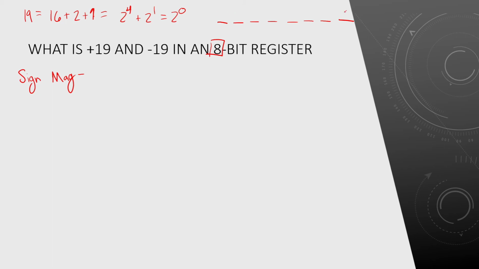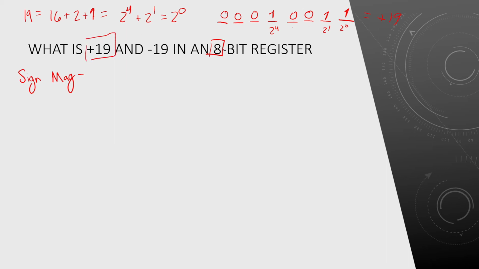So that's 1 add 2 to the 0, 1 add 2 to the 1, and 2 to the 4 is a 1, 0, 0, 0, 0, 0. This is plus 19. So this is our first answer.